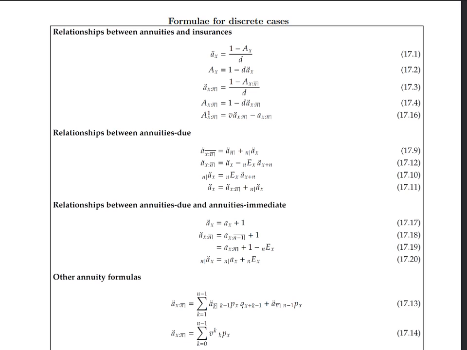Most retirement annuities make monthly payments, so 1 over 12 annuities are common, and actuarial notation has a superscript m for a and double dot a to indicate that this is a 1 over m monthly annuity.